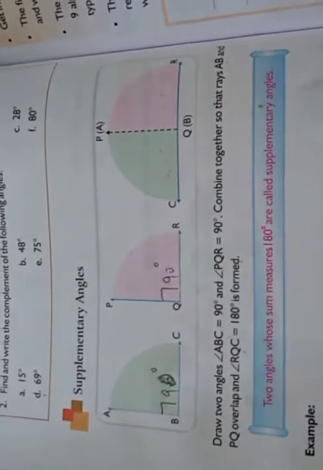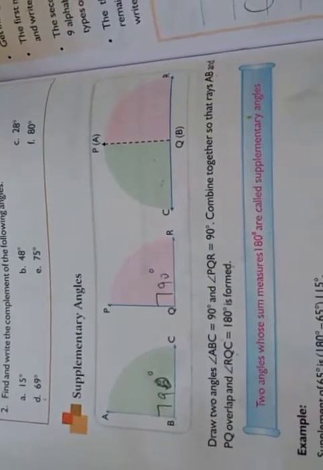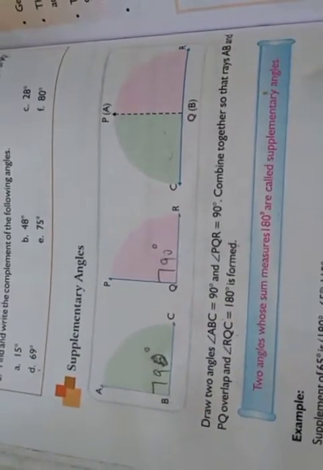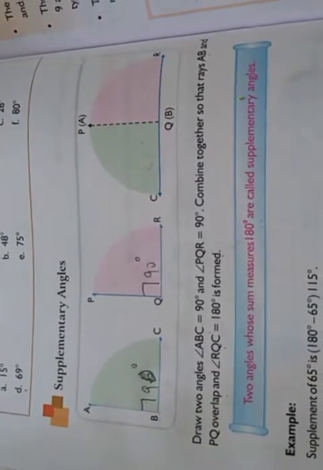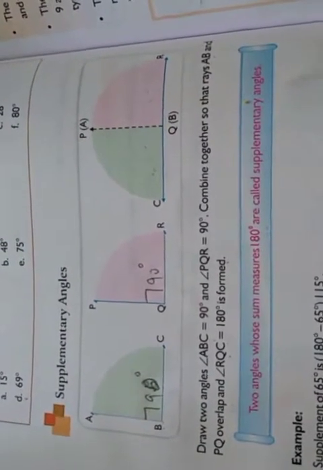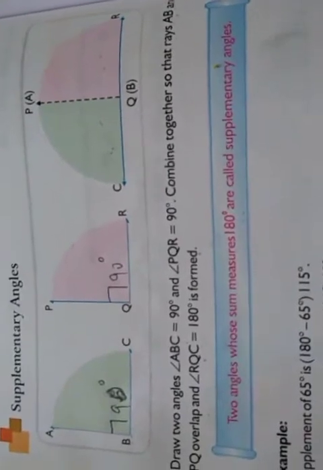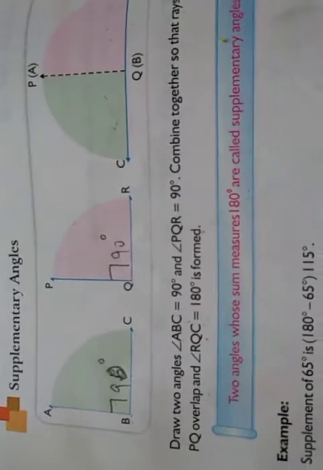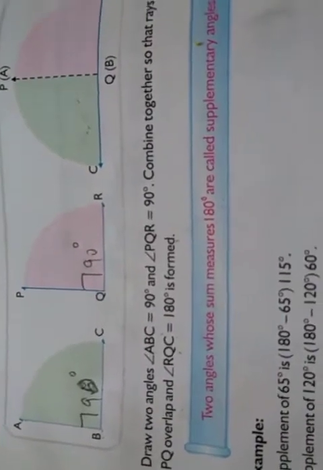You can take a 100 degree angle and an 80 degree angle, or you can take 120 degree and 60 degree, because the sum of both of the angles will be equal to 180 degree. Okay, so two angles whose sum measures 180 degree are called supplementary angles.